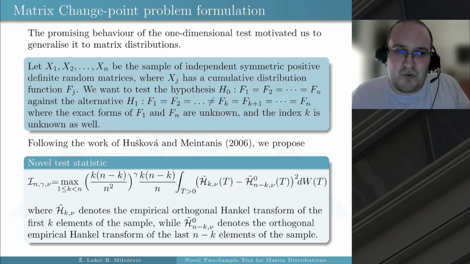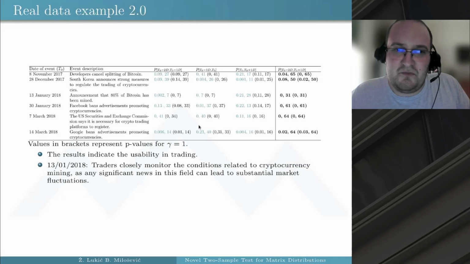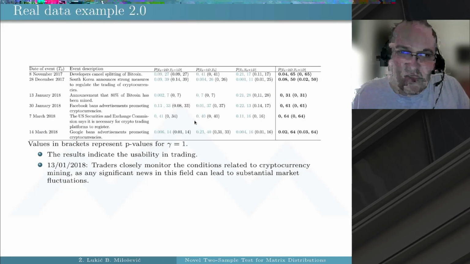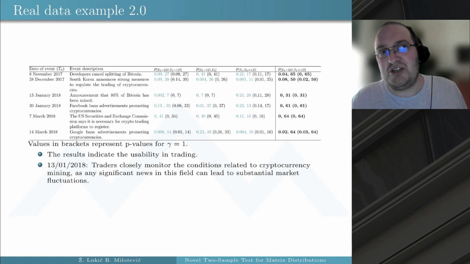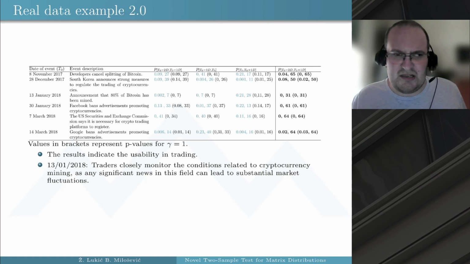Thanks. The third question was how have we computed the p-values? In the 1D case, we used simple permutations, and this was not that computationally expensive. But in the matrix case, if you remember yesterday's presentation from Katerina Halai, she mentioned the warp speed algorithm.